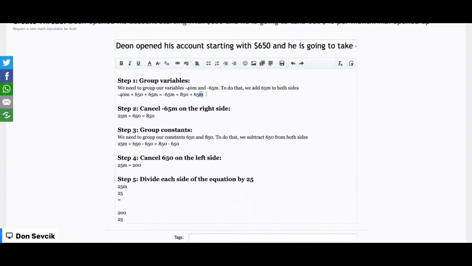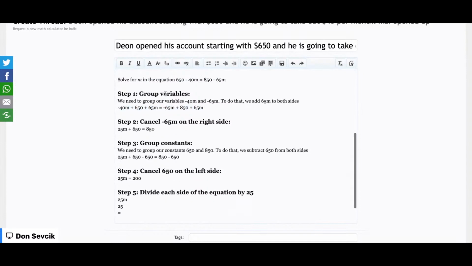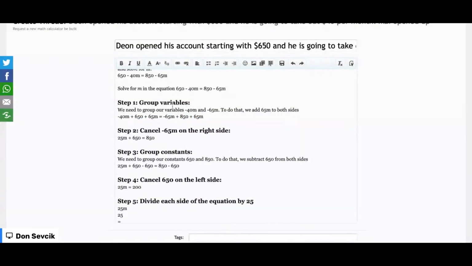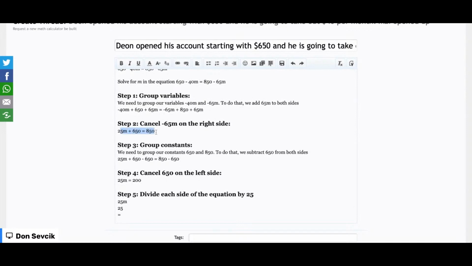What we're doing in step 1 is just grouping the variables. So we're adding 65m to both sides. That way we can isolate m on one side and the numbers on the other. We get this. Next, we want to group the constants. So we subtract 650 from each side. And we get this.